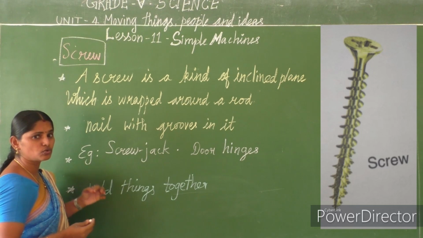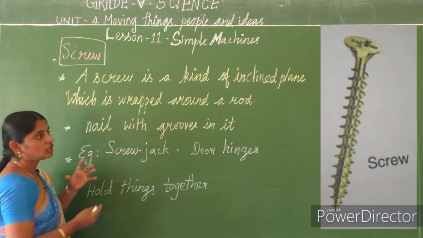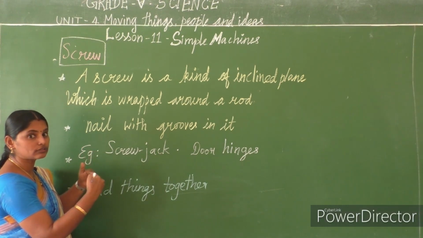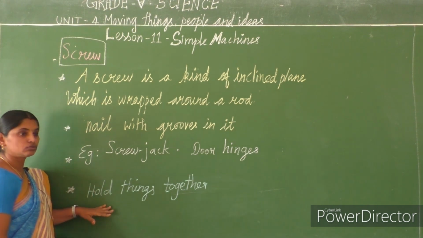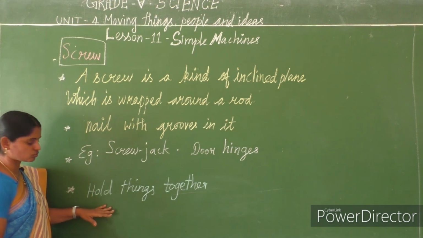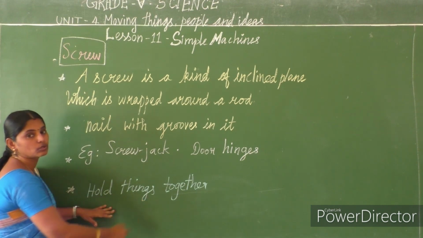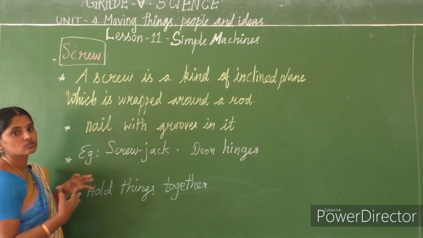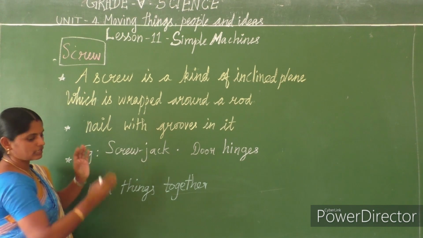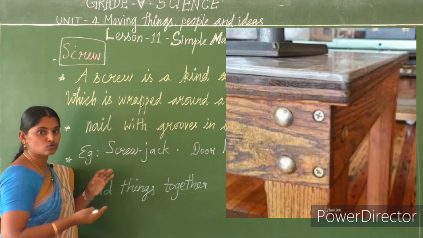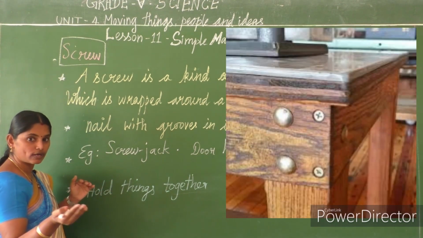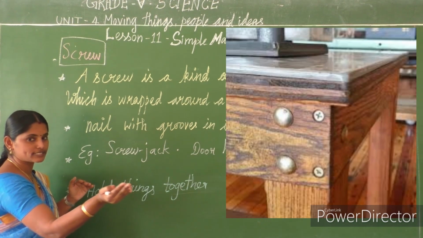What is the use of the screw? To hold two things together. We use a screw to hold things together. For example, here in our school, while they are repairing work, we are keeping our desk and bench outside, no?